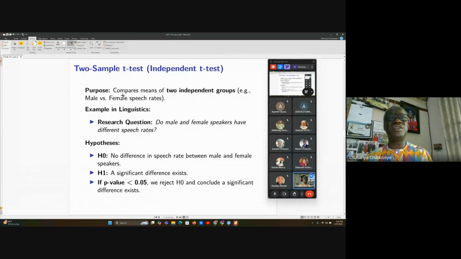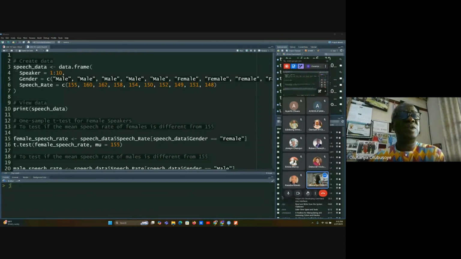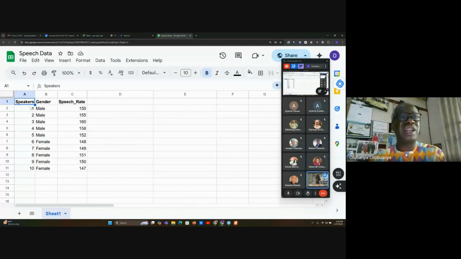Before we come to this, let's try this in our R environment. Let's bring that data here in the R environment. I'm creating a data frame using the data.frame function so that I can store the data. We have speaker 1 to 10, gender, and speech rate.